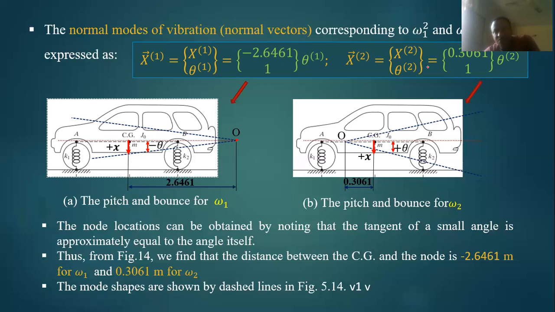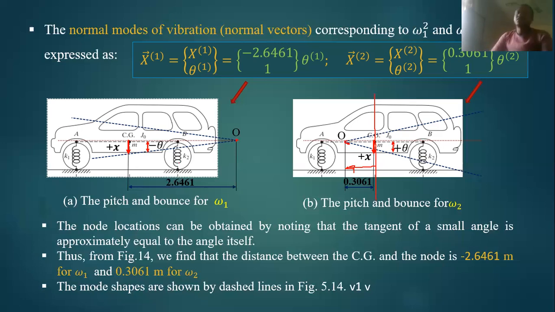Again, in the second mode of vibration, we have 0.3061 positive, and this is also positive. That implies from the equilibrium position, meaning from the CG, it is in this location. So from here, it is 0.306 meter away in the positive direction, in this direction. And our angle is positive also.